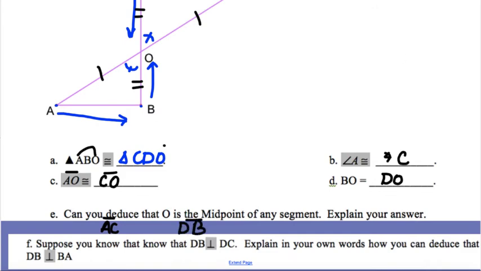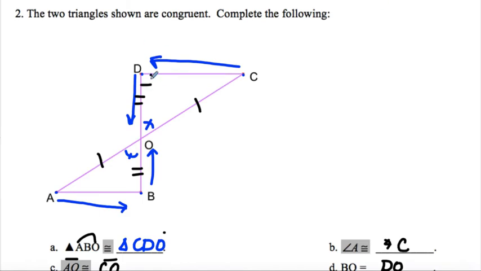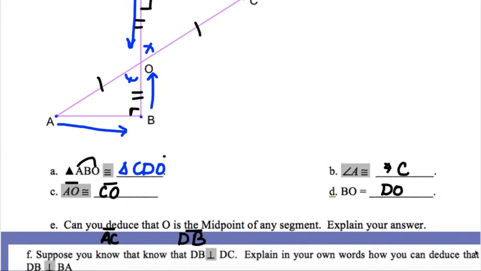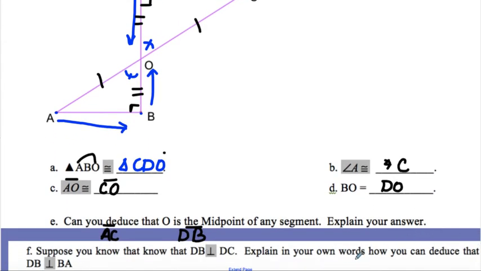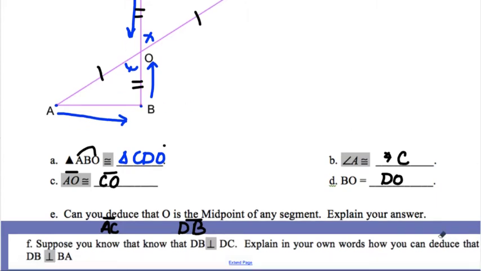Okay? All right. Now, suppose that you know, even though it appears to be, we don't know it, but suppose now I tell you that DB is perpendicular to DC. How could we deduce that DB is perpendicular to BA?